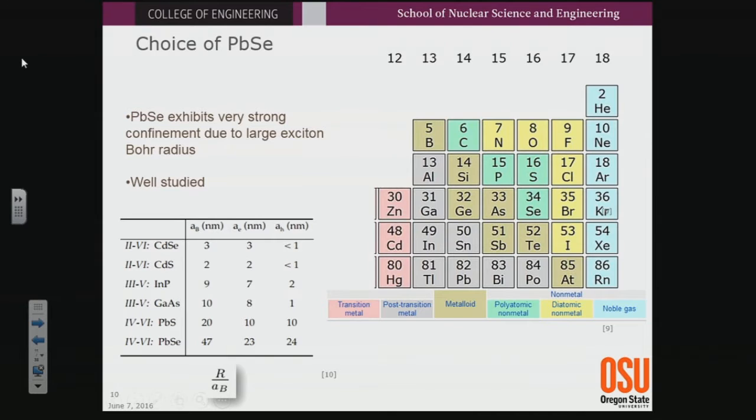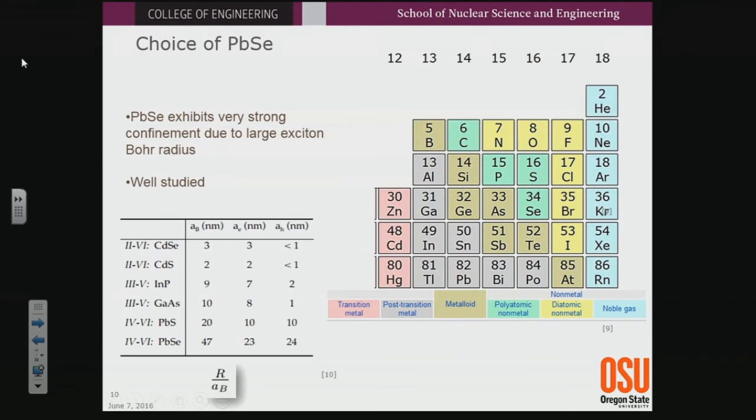So, the choice of lead selenide. Lead selenide exhibits a very strong confinement due to that large exciton Bohr radius I was talking about, this R over AB. So we'll talk about classes of semiconductors. Over here we have 2,6: cadmium selenide and cadmium sulfide. These are the pretty popular ones. 2,6 because cadmium is in group 12 and selenide is in group 16.